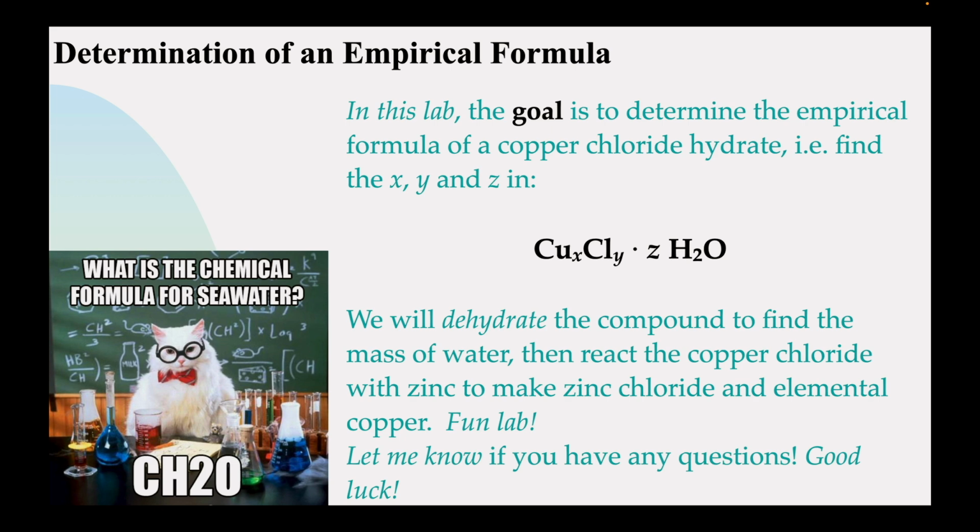You're going to end up with grams of pure copper, grams of the water from the dehydration, and from the difference in mass, you'll be able to find the grams of chloride. And from all of those, you'll turn them into moles. You'll compare the moles to find the X, Y, and Z values in that formula, and that'll be how you find the empirical formula. And along the way, we'll also figure out percent copper and percent chloride based on the mass percents you have.